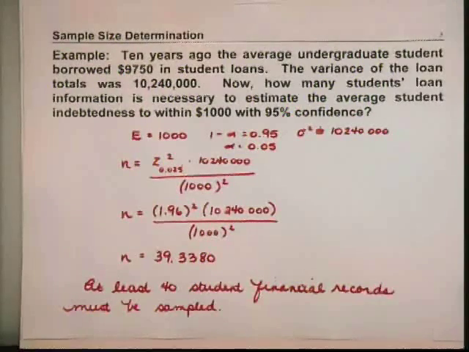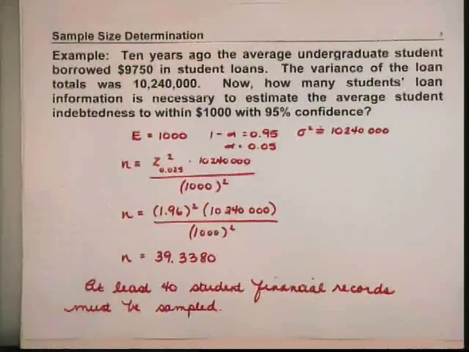Now what could change? What could change is the variance that you get today versus what happened 10 years ago. The variance could be different, but we don't know that. We need to start somewhere. So that's assuming a variability like we saw 10 years ago, we need a sample of size 40. How can you change the sample size?